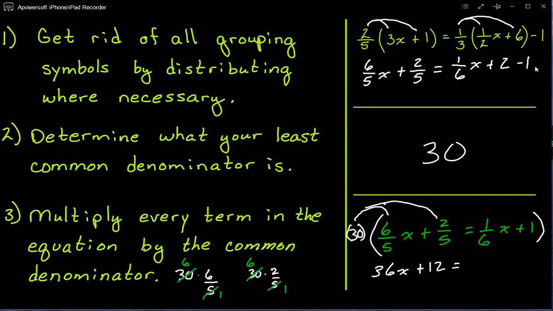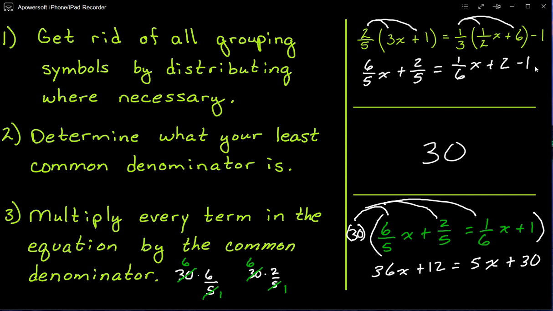Equals, and we continue the same process. 30 times 1/6 is equal to 5, and 30 times 1 is equal to 30. Alright, so what we have just accomplished was getting rid of our fractions in the equation.